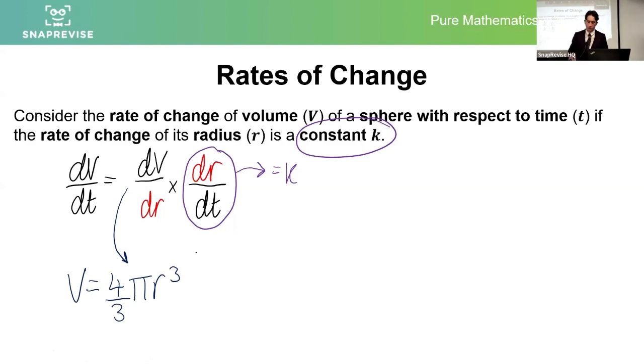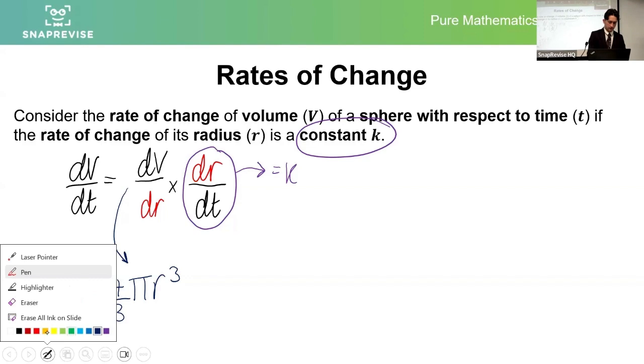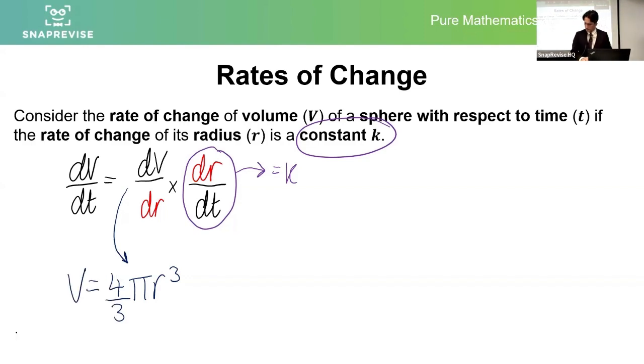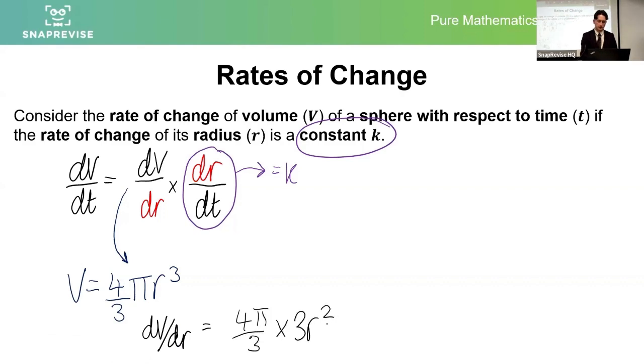Differentiate the volume with respect to the radius. dv dr would equal, now the power we're dealing with is of r, so we multiply by 3, so it'd be 4/3 pi times 3r squared, and the 3s would cancel, giving us 4 pi r squared.